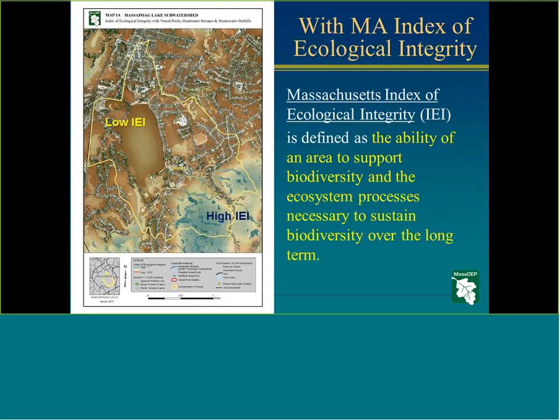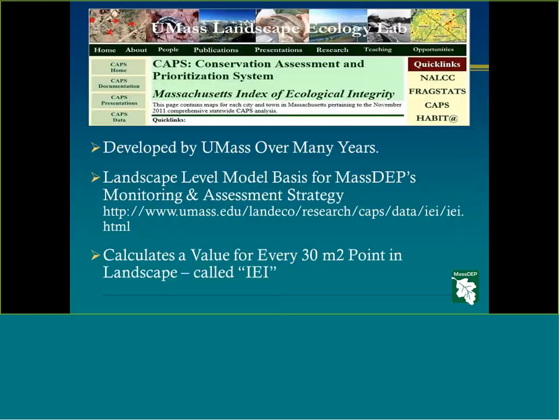The Index of Ecological Integrity is defined as the ability of an area to support biodiversity and the ecosystem processes necessary to sustain biodiversity over the long term. The IEI overlay used for map type 1 is represented as a range of colors. Areas with a high ecological integrity are shown in blue, and areas with low ecological integrity are tinted brown.